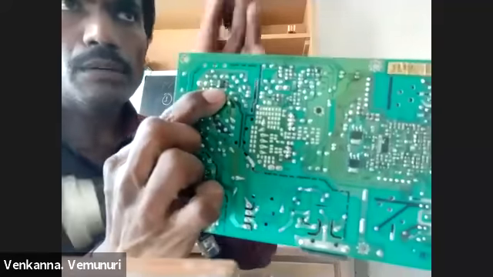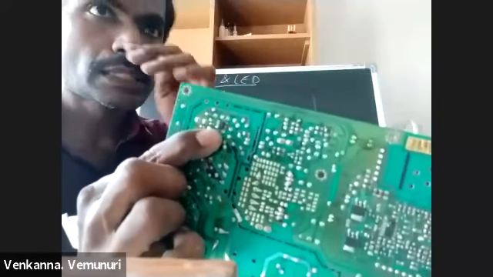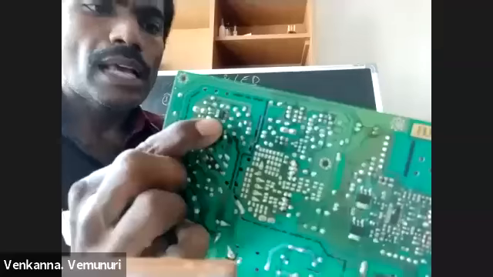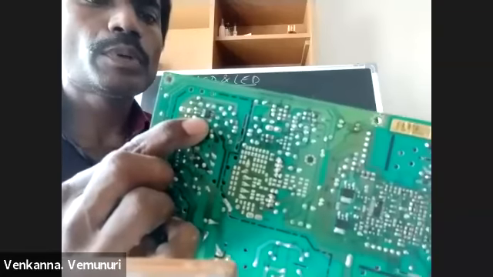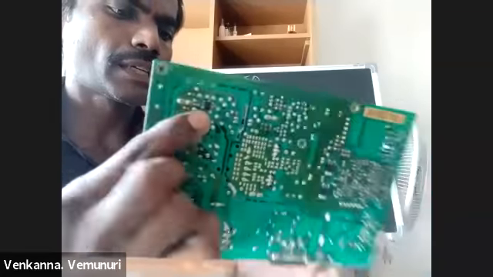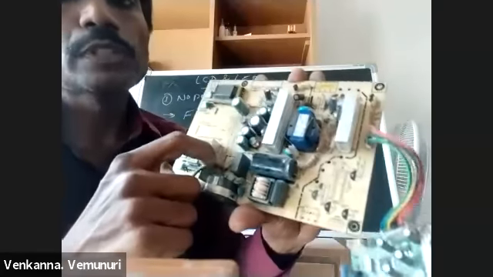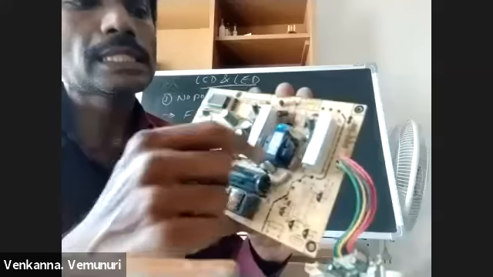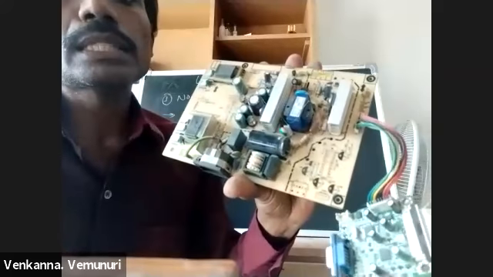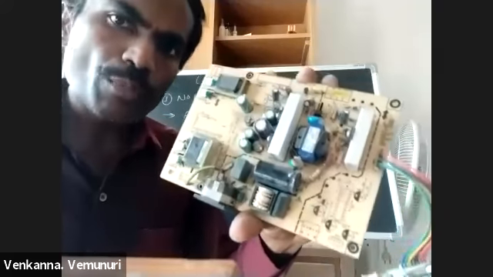These three are the most damageable parts in the SMPS. For example, the PWM IC is not working, or sometimes the capacitor is bulging, or sometimes the fuse is blown. In these three situations, the monitor is in dead condition, means no power.